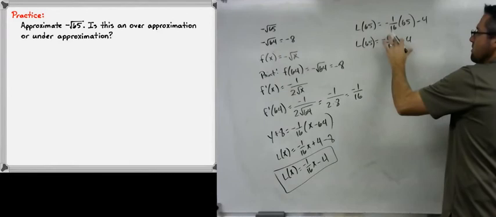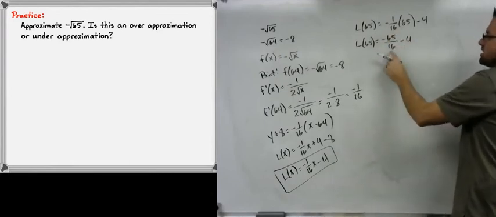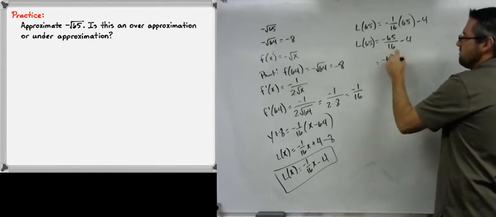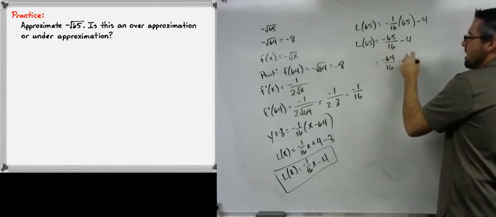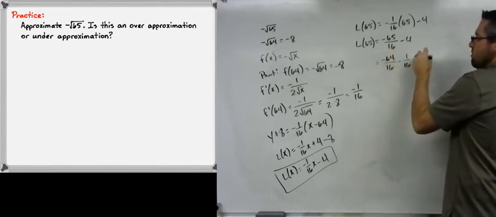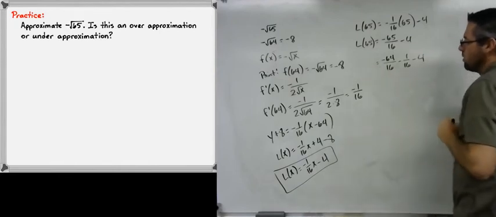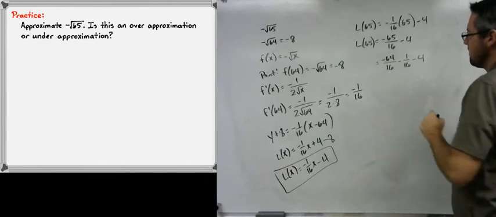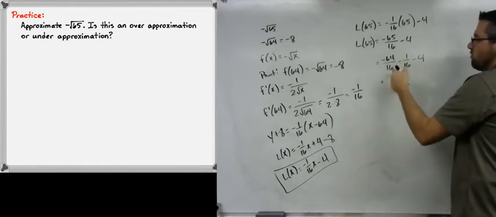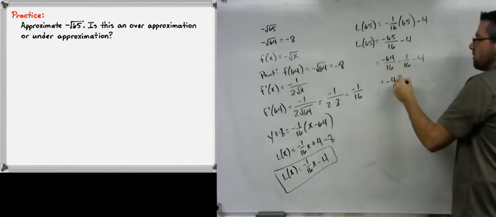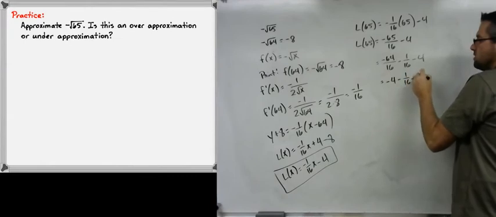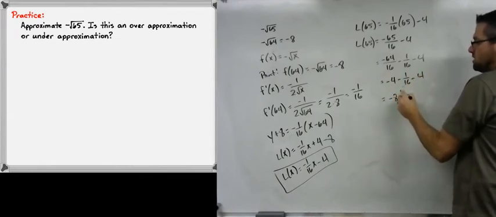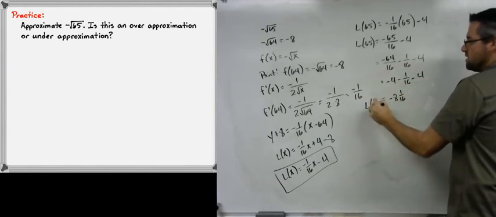So what I can do is separate this to say negative 64 over 16 minus 1 over 16 minus 4. That might work, right? Negative 64 sixteenths minus 1 sixteenth, negative 65 sixteenths. And negative 64 over 16 is negative 4. And that just makes it so I have a mixed fraction. So that's negative 8 and 1/16. So that is L of 65.